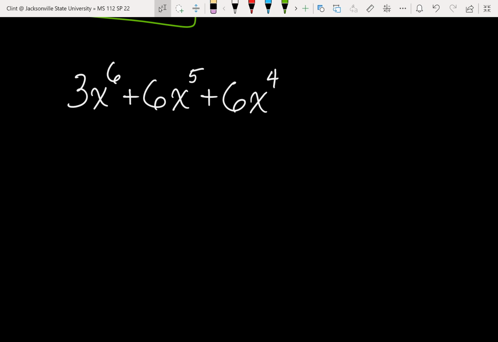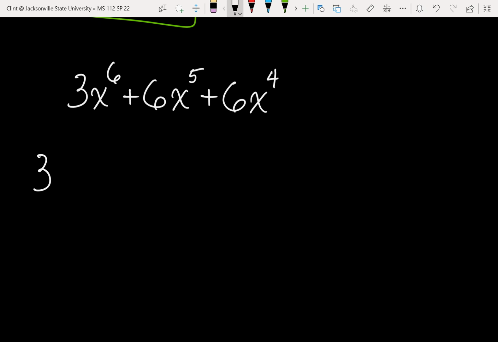So when we're looking for a common factor, it has to be common to all 3 terms. If you look at the number part, the coefficient part, we've got 3, 6, and 6. See any factors that are common with 3, 6, and 6? 3, you can divide all of them by 3.